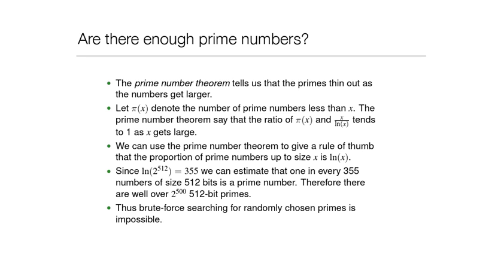Thus, the last point says, brute force searching for a randomly chosen prime is impossible. So there are 2 to the power 500 choices of prime numbers for the pool of 512-bit large numbers. There are a lot of prime numbers. We have enough prime numbers to be used in RSA.